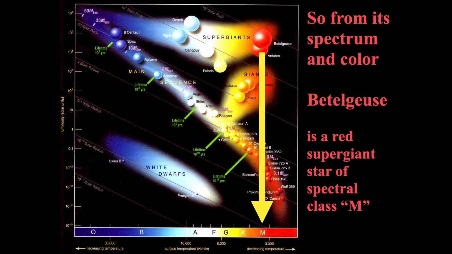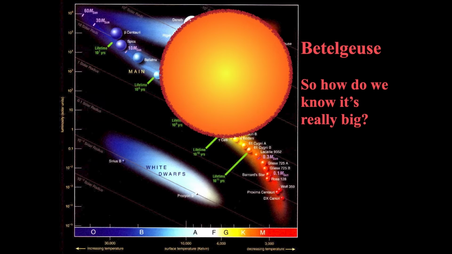Anyway, from the spectrum, which gives you the line widths, and the color, which gives you the temperature, you can deduce that this is a supergiant type star, and of spectral class M. Now, how do we know it's really that big? Remember, if we have a handle on the luminosity, there's the Stefan-Boltzmann relationship, where the luminosity is equal to the surface area times the temperature to the fourth power.